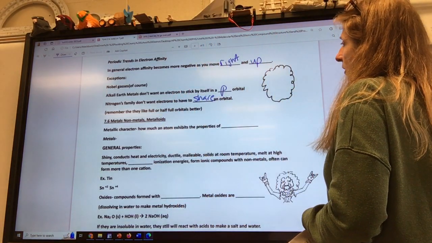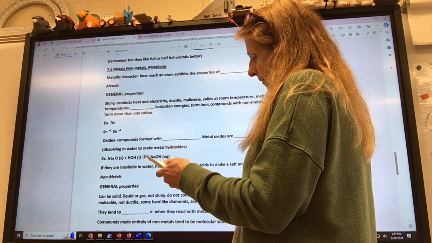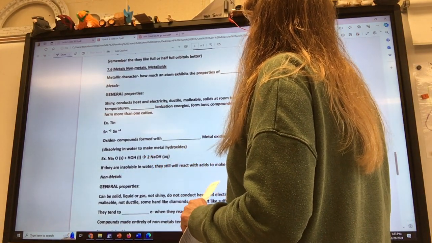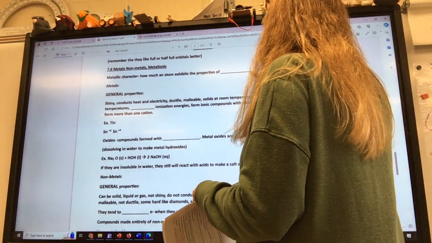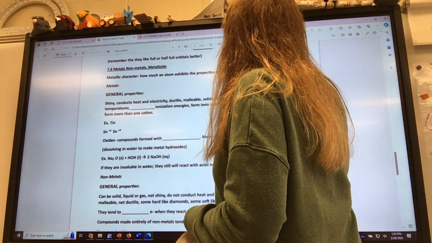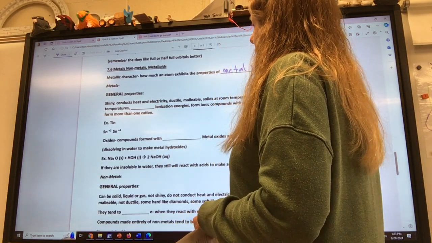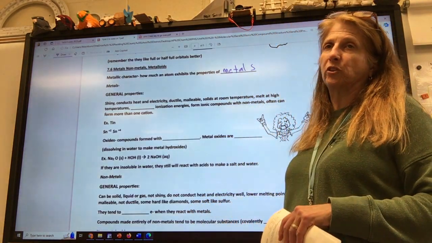Okay, metals, nonmetals, and metalloids. Metal characteristics. Metallic character is how much an atom exhibits the properties of metals. In general, metals are shiny, they conduct heat and electricity. They're ductile, which means you can make them into wires.